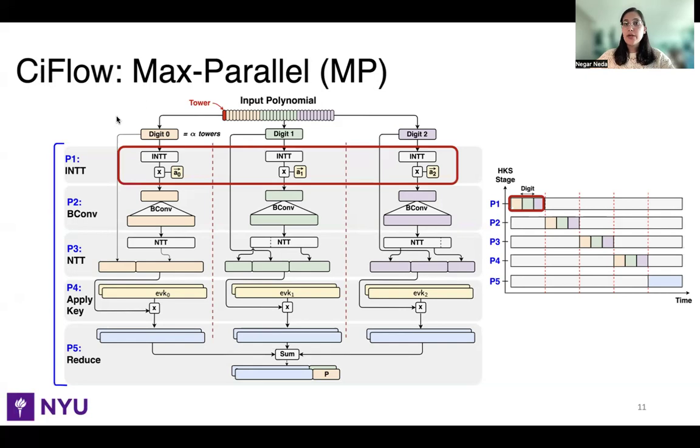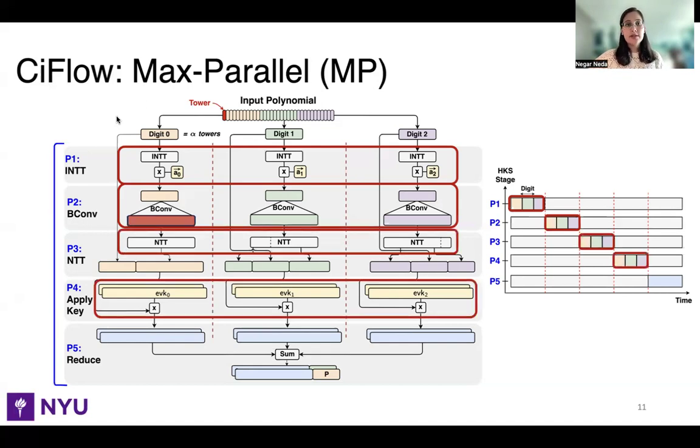So it's basically ignoring the HKS digit-based optimization. It does inverse NTT on all of the input towers. Then we do bconf, and as you can see, when I'm doing bconf, I'm extending the size of my input, meaning I'm generating a huge amount of intermediate data. I need to do NTT on this data, and then I have to multiply them with the key and add them together to calculate the output.